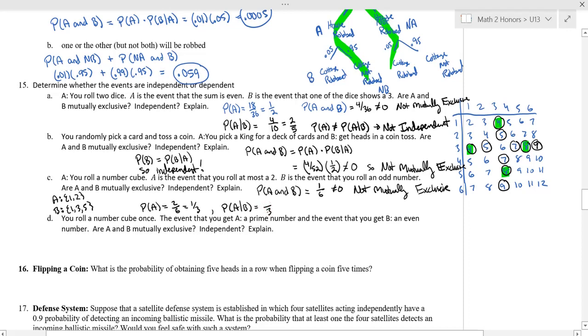Out of those 3 odd numbers, the 1, 3, 5, how many of those are at most 2? Well, only one of them, so 1 out of 3. So the probability of A is 1/3, and the probability of A given B is also 1/3. Therefore, A and B are independent.